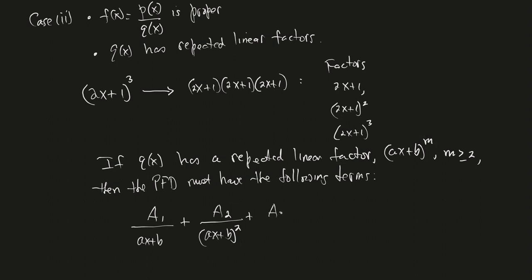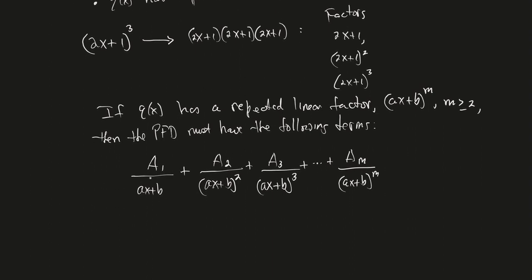So then you'd have a sub 3 over ax plus b cubed, and so on until you get to that largest power. We don't know what that power is. The description here is, in theory, giving us a method for whatever multiplicity, right? But in practice, when you're doing these problems by hand, the multiplicity might be 2 or 3. All right, so that's what it looks like when we have a repeated linear factor.